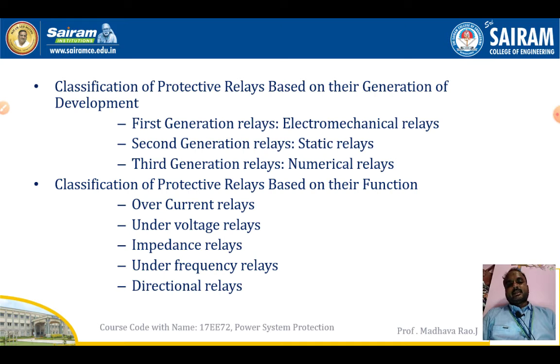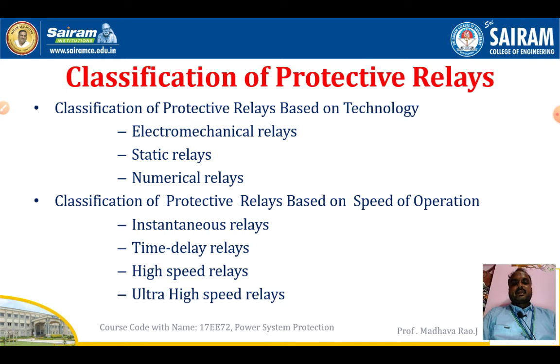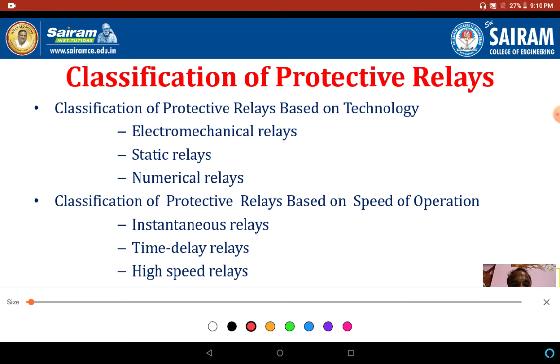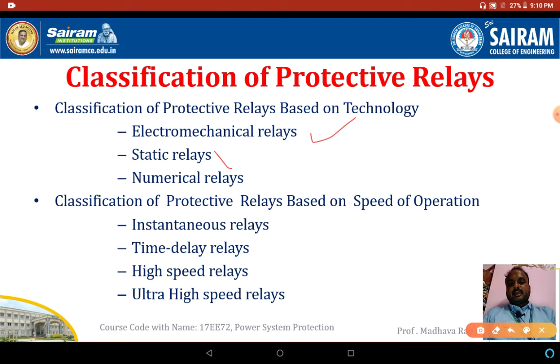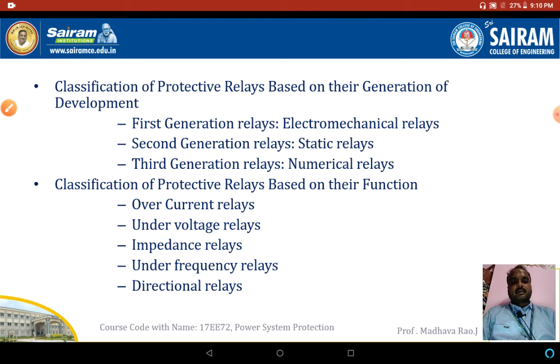The first generation relays are electromechanical relays, second generation relays are static relays, and third generation relays are numerical relays. If you go back to the previous slide, based on technology we have electromechanical, static and numerical relays. Based on generation of development also, these types of relays are the same.